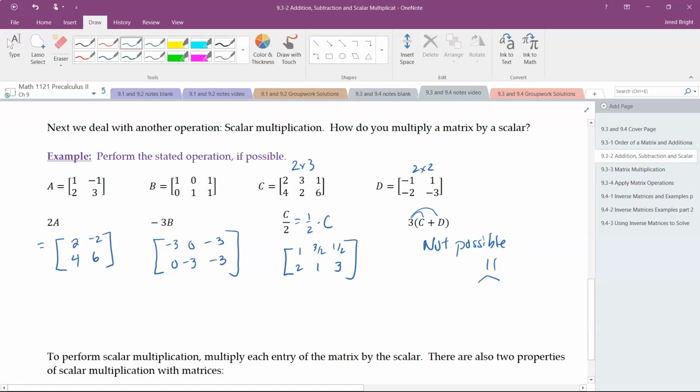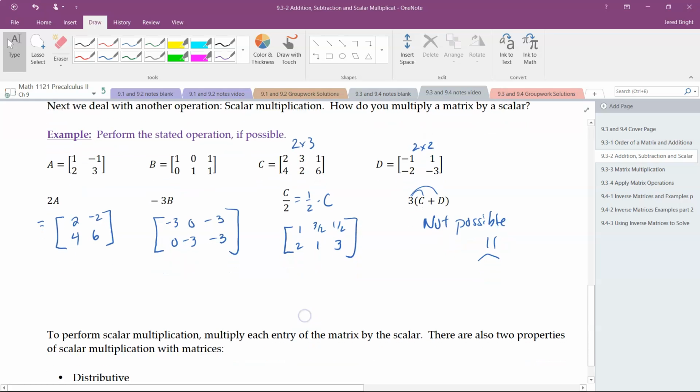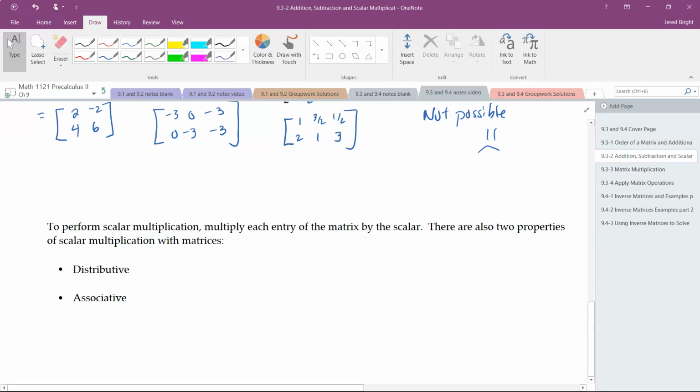Consequently, because scalar multiplication operates a lot like normal multiplication, we get a few properties. With distributivity, if we have a constant times the matrix A plus B, you can distribute the constant, so it'd be CA plus CB.